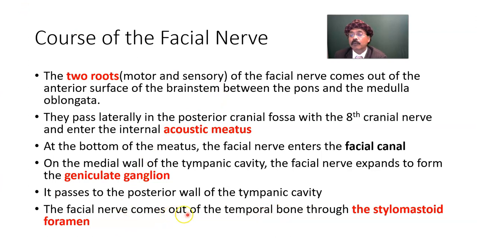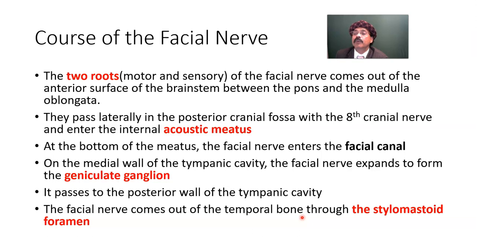Once it comes out of the stylomastoid foramen, we have the posterior auricular branch that innervates the auricularis posterior muscle and the occipital belly of the occipitofrontalis muscle. And we have also the anterior component of the motor component of the facial nerve.